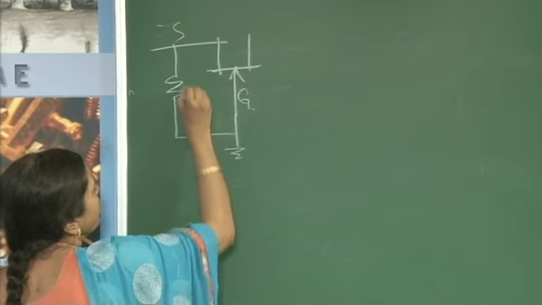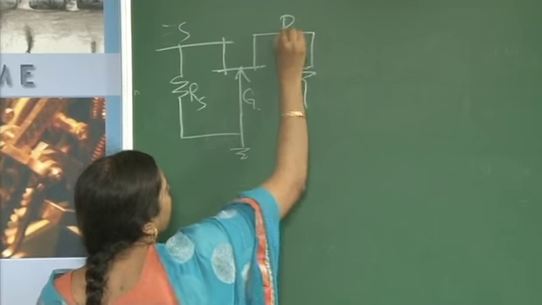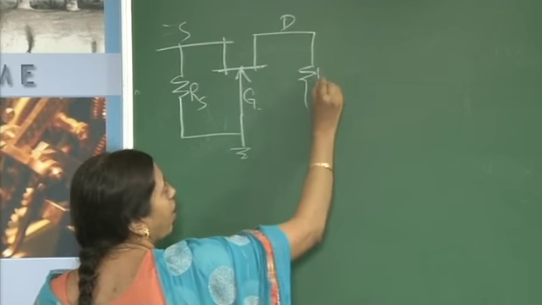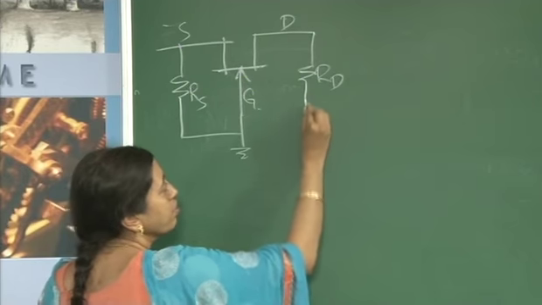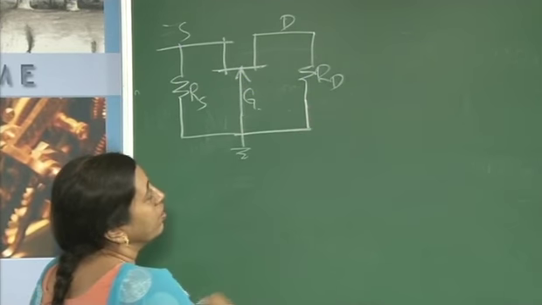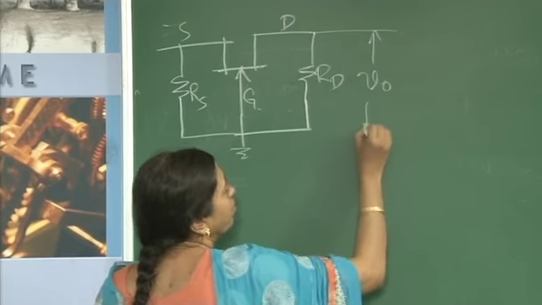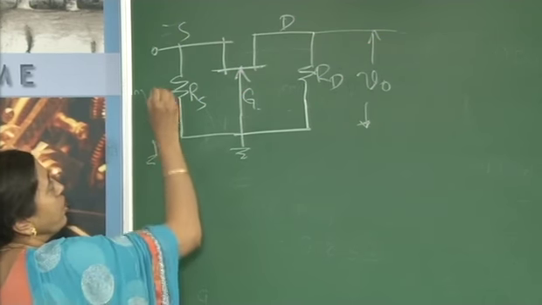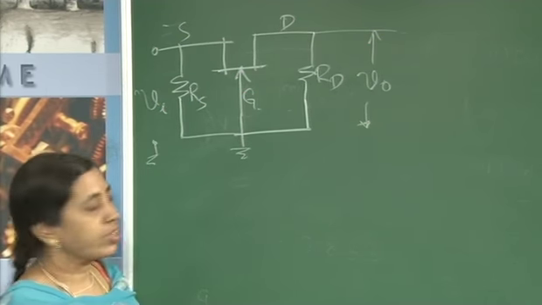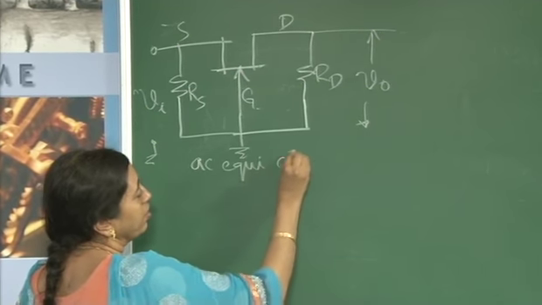Between source and ground, RS is included, between drain and ground, RD. Since VDD is to be reduced to 0, it is represented by a short circuit here. Across RD, we will be taking out the output and we will be applying the input between source and ground. So, this is the AC equivalent circuit.